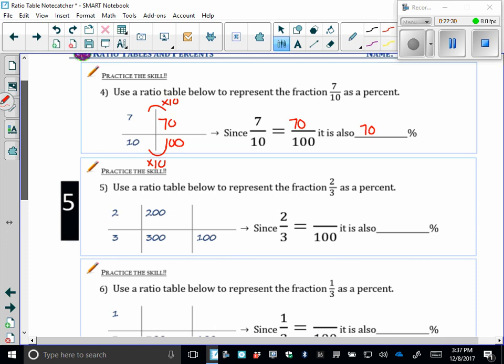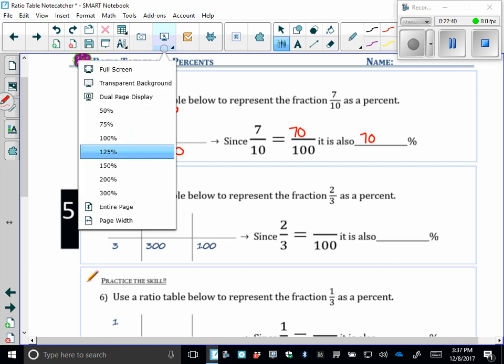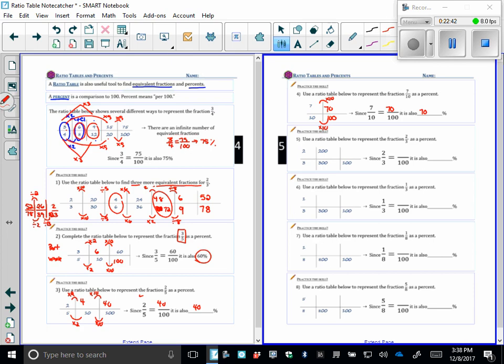So, can you guys take a look at your note catcher and have a seat for a minute? You should have a complete note catcher through page 4 in the ratio table section. Got it? And when we come back Monday, we're going to start with percent.